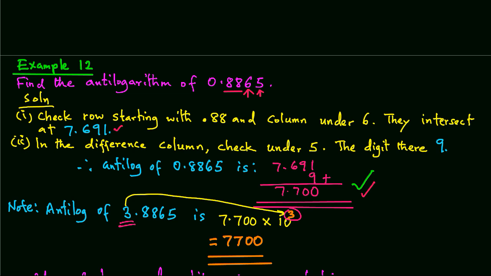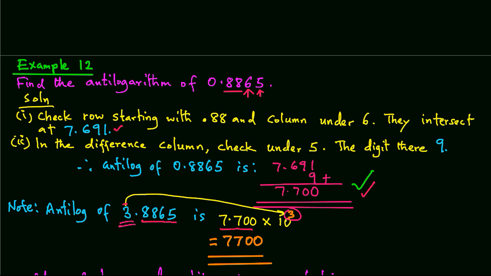For example, if we have 3.8865, from the tables we find the antilog of 0.8865, which we have found as 7.700, and then we multiply by 10 raised to power 3.